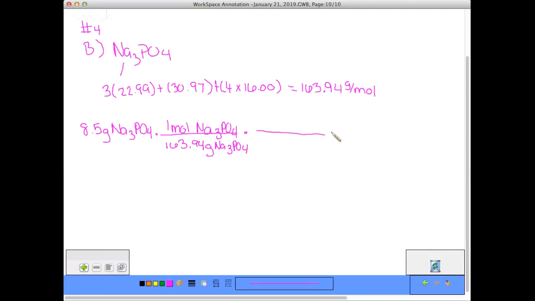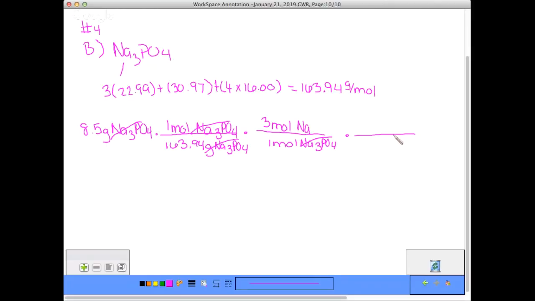And what I also want to know is that for every 1 mole of sodium phosphate, I have 3 moles of sodium. It is a 3-to-1. If I have 1 mole of this and I were to break this apart, I would end up with 3 moles of sodium. So let me just cancel this out as I go along.